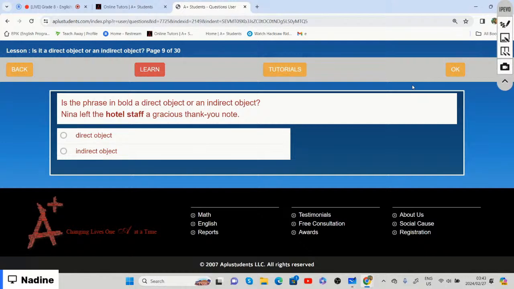And then, Nina left the hotel staff a gracious thank you note. Is that a direct object or an indirect object? So what did Nina leave? What did Nina leave the hotel staff?